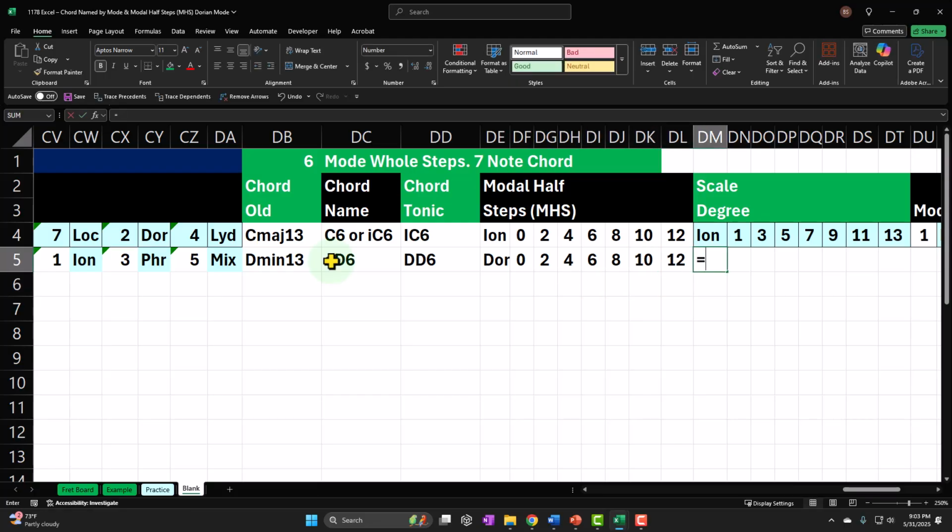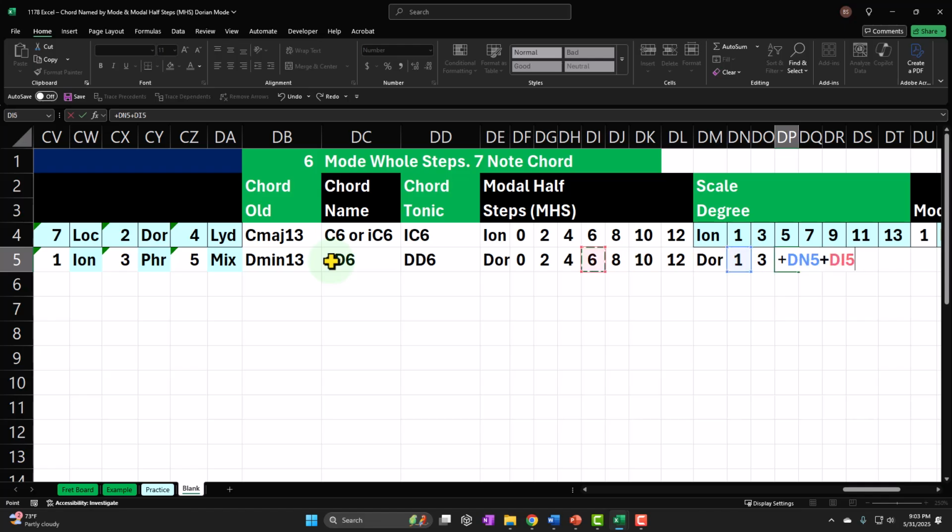Scale degrees then would be the Dorian. It would start on the 1, and then 1 plus 2 would be the 3, 1 plus 4, 1 plus 6, 1 plus 8, 1 plus 10, 1 plus 12.